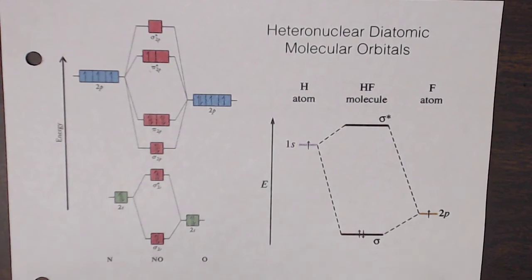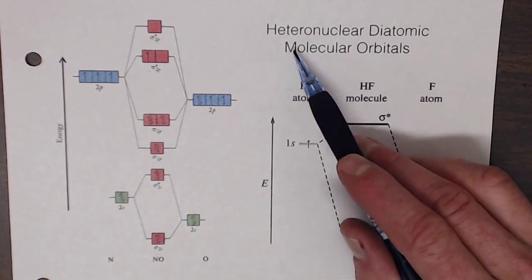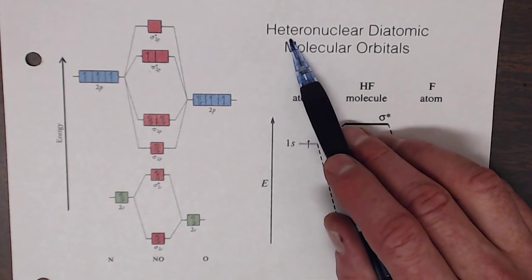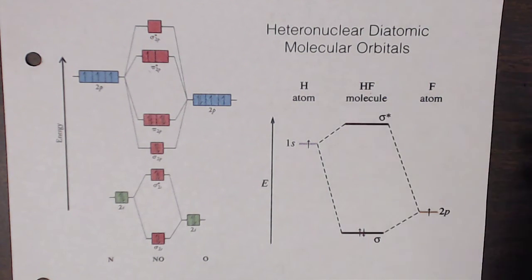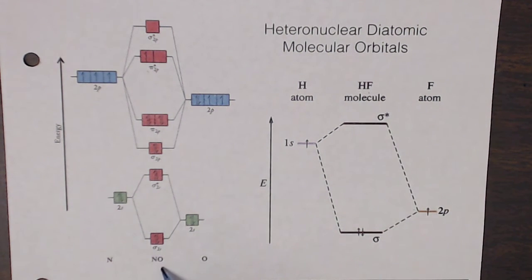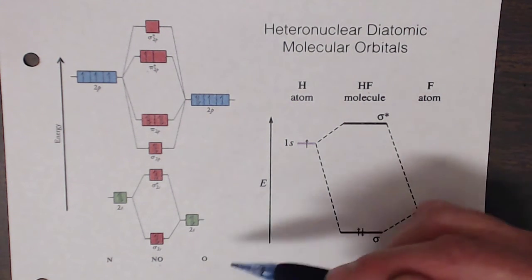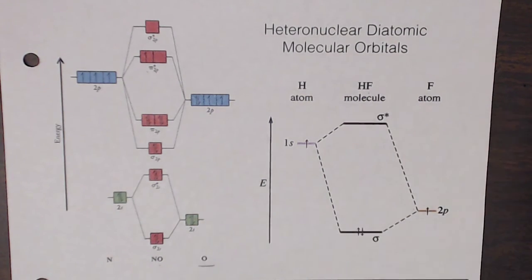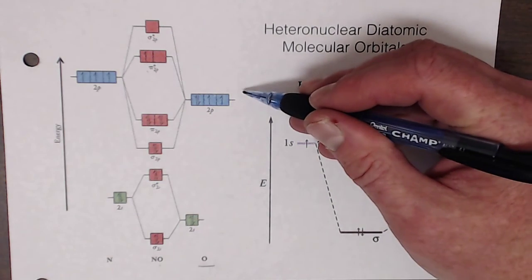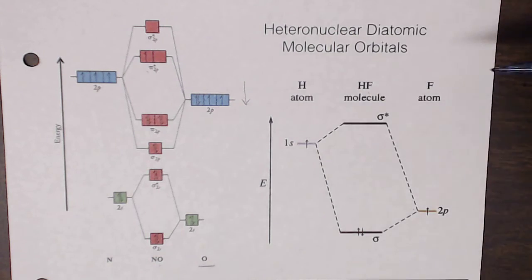And then finally, the last thing we'll discuss, just very briefly, everything that we were just describing was from a homonuclear diatomic. If instead we have a heteronuclear diatomic, such as HF, or even something like NO, then the way we adjust this diagram is by noting that the more electronegative element typically has somewhat of a lower energy relative to the more electropositive element.